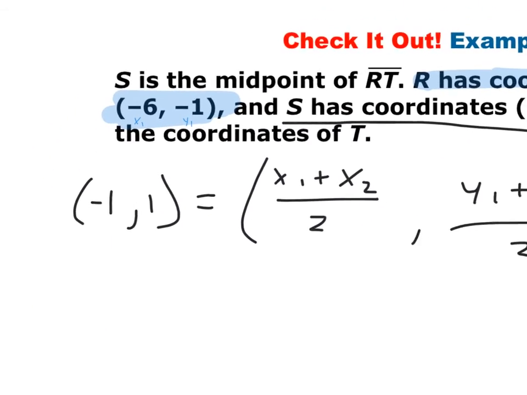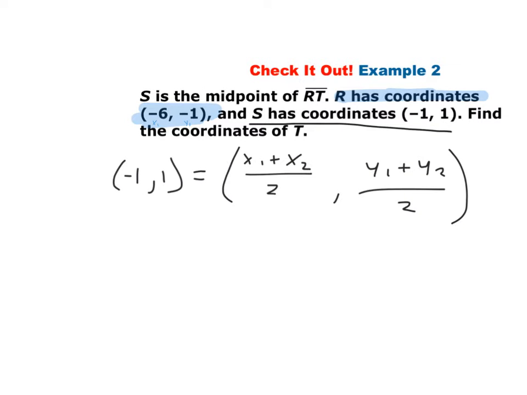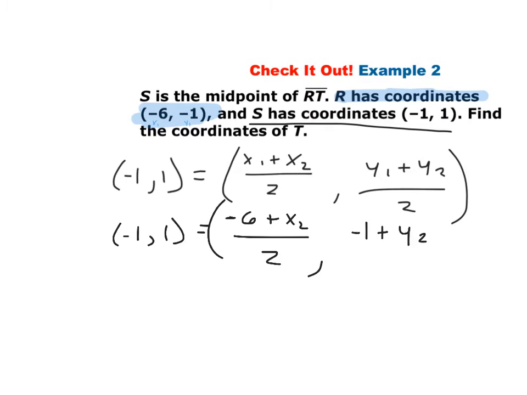So now we can plug these into the equation that we have. So negative 1, 1 is equal to negative 6 plus x2, because we don't know what x2 is yet, over 2. We know what y1 is, negative 1 plus y2 over 2.